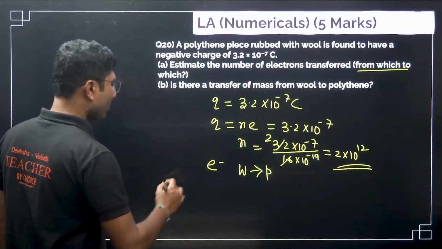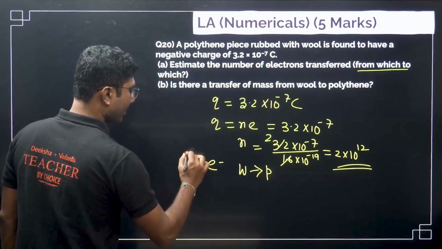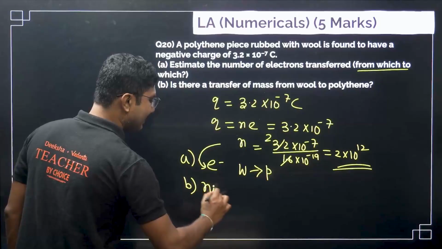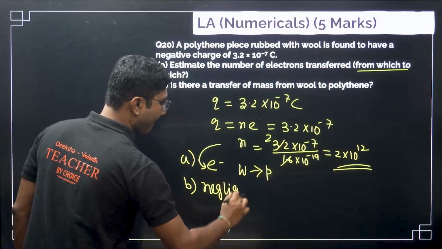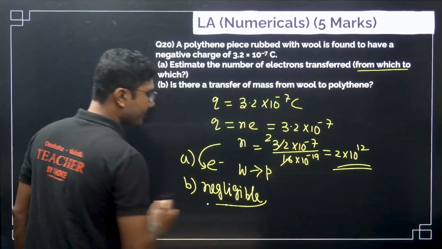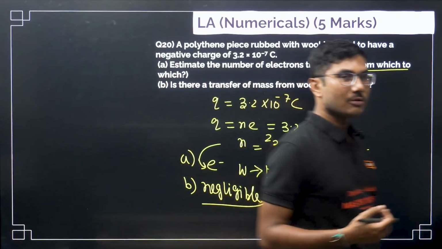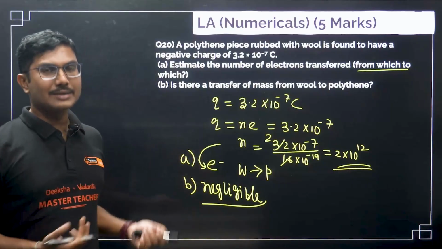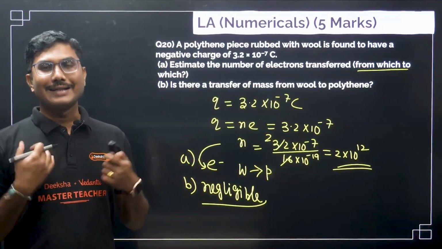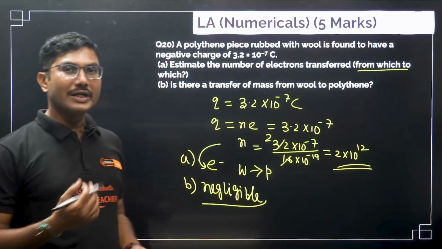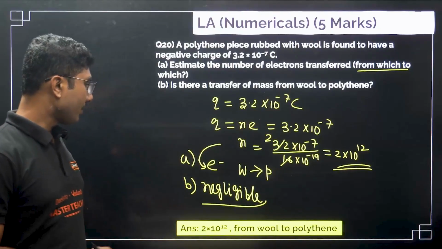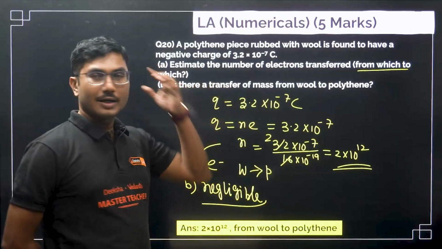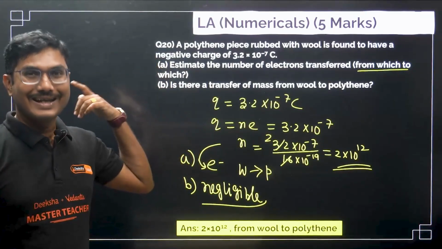So the transfer of mass, part B, is negligible. Even though a mass transfer happens, it is negligible due to the very low mass of the electron. So from wool to polythene, the electrons are transferred and the mass transfer is negligible.